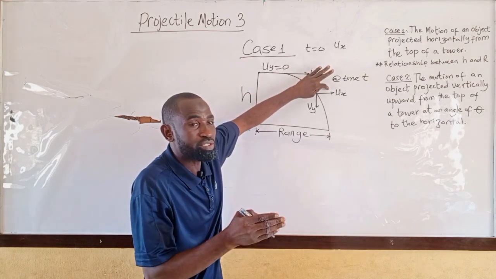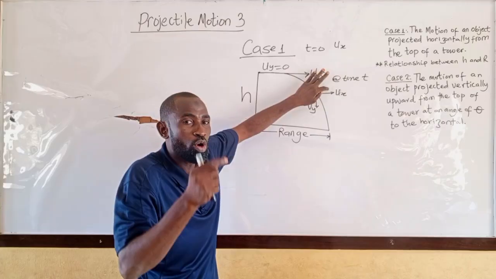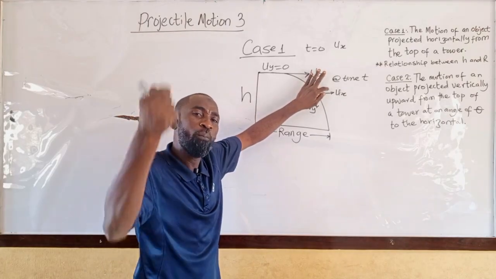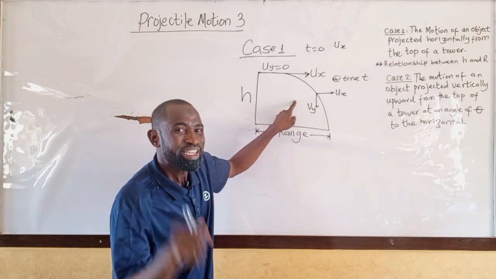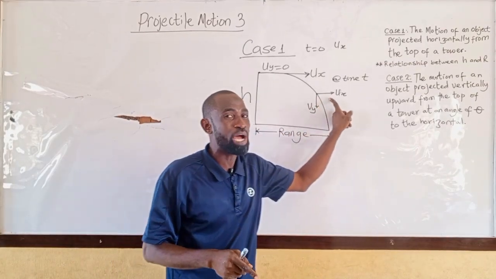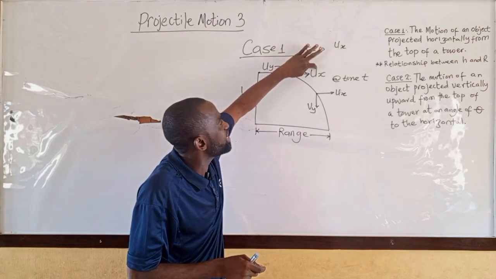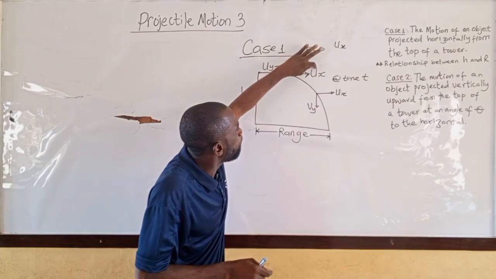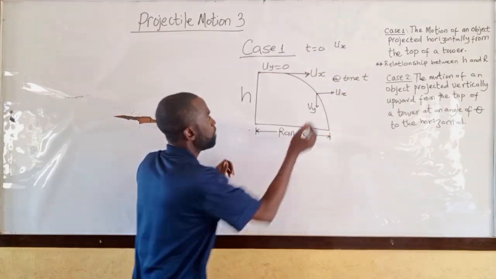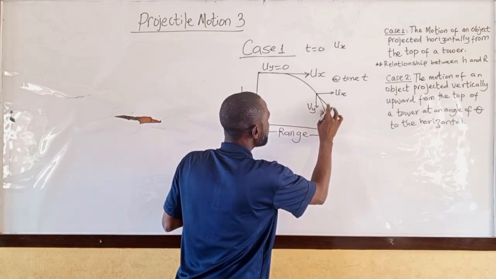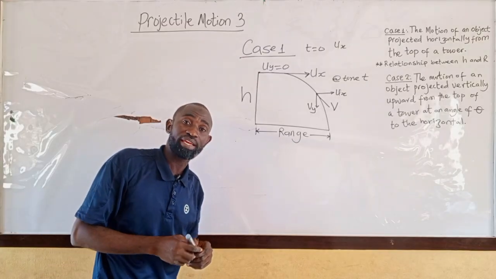It does not act in the horizontal direction. That is the reason why the initial horizontal component of the velocity is constant throughout the motion. So here we have our v, which is the speed of landing, or the speed with which the body will strike the ground.